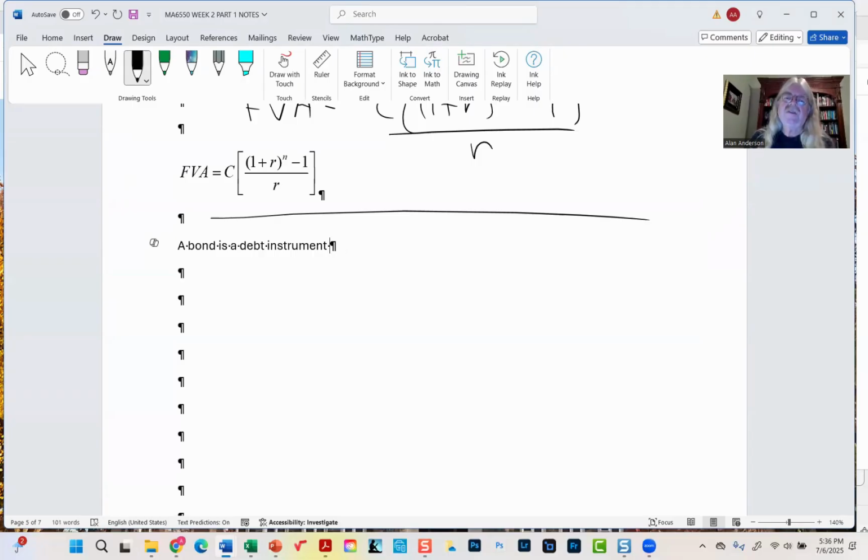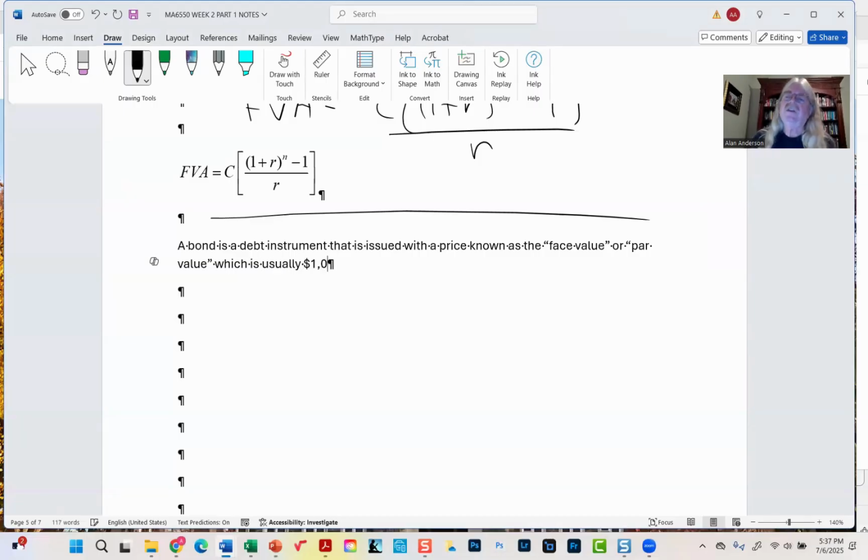A bond is a debt instrument that is issued with a price known as the face value, or sometimes it's called the par value, which is usually, but not always, $1,000, at least in the United States. Every country's bond markets are a little bit different. So usually $1,000. The bond has a fixed maturity.